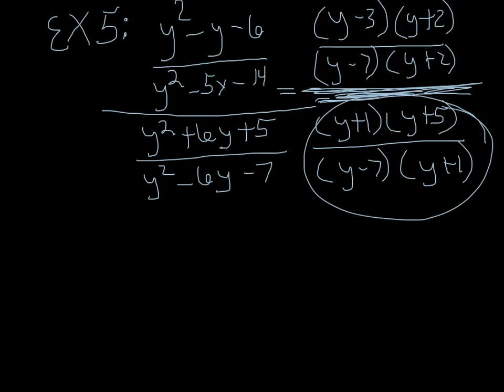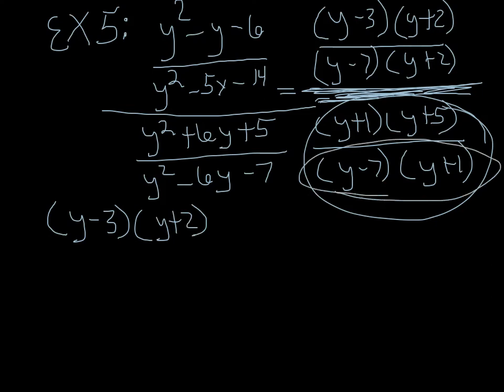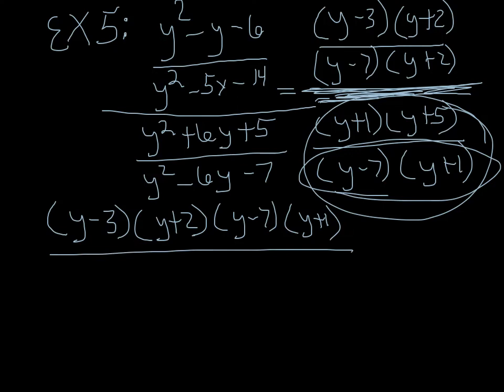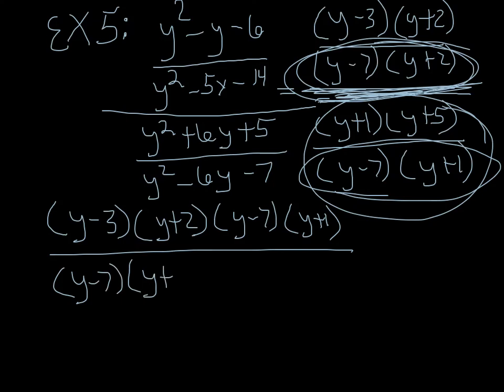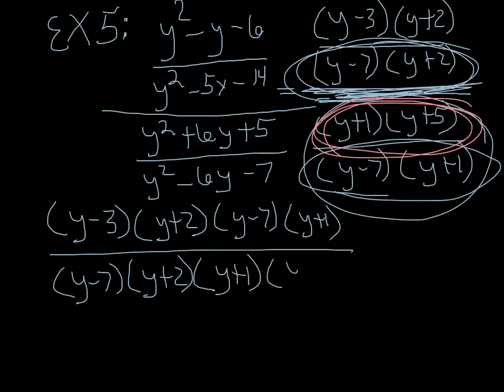Okay, so basically you're flipping that, and what it looks like if you flip it is this: y minus 3, y plus 2, and now I'd have to multiply that by what's here, so you'd have y minus 7 times y plus 1, okay, on the top, and on the bottom, starting with this right here, you'd have y minus 7, y plus 2, and then we'll finish it with that, so then you'd have y plus 1, y plus 5.